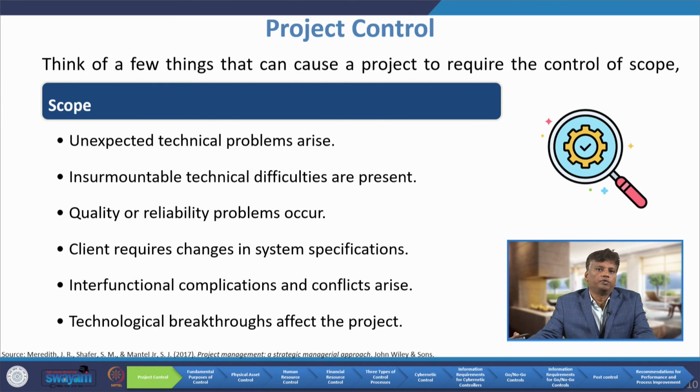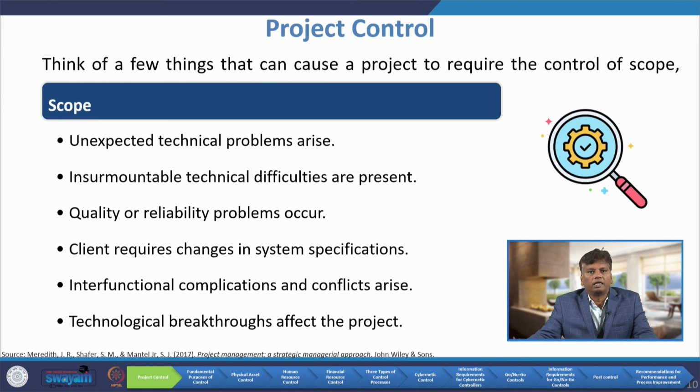Now, think of a few things that can cause a project to require control of the process. With respect to scope, we have to do some controlling. What are the symptoms that things are going out of our scope? Unexpected technical problems arise, and insurmountable technical difficulties are present.